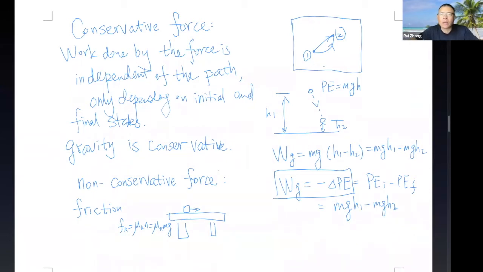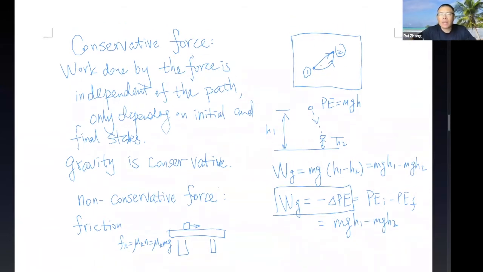Well, the reason is pretty clear. Because the work is actually dependent on the path, right? So you cannot define a potential energy here and here and then simply find the difference, because it would only correspond to one path's work. There are so many different paths you can take, and along each path the work is different. So it's impossible to do that.